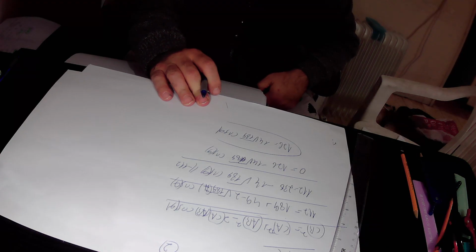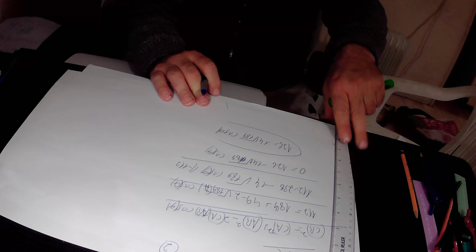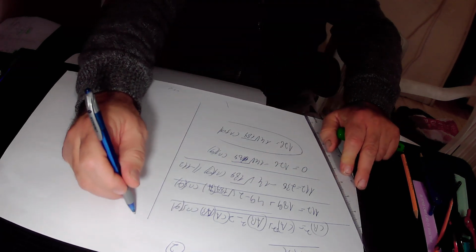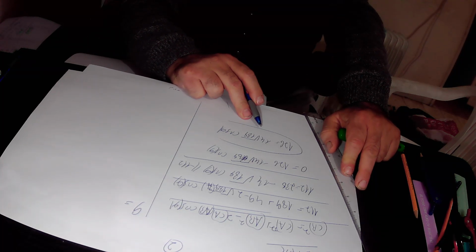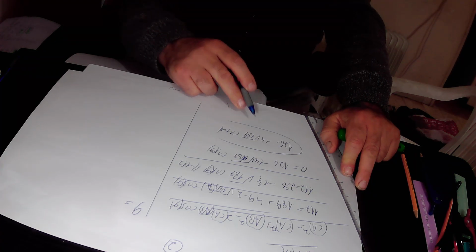And 126 over 14 is 9. So in this side of the equation we have 9, equals, here 14 over 14 is 1, so we are left only with square root of 189 times cosine alpha.